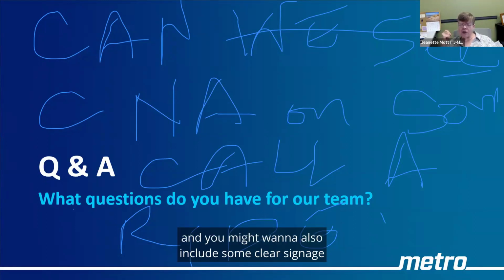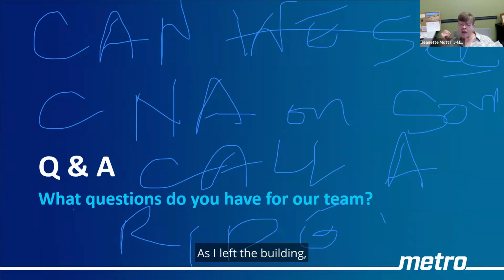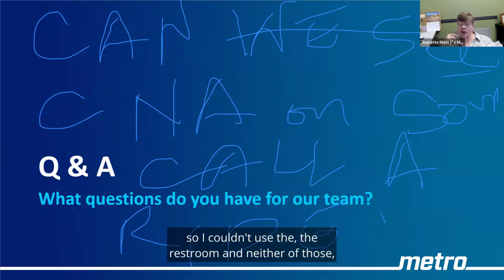And you might want to also include some clear signage about where to find the accessible restrooms. As I left the building, I stopped at 2 staff restrooms, hoping that those would be good ones because they were like individual rooms, and I knew that they would be adult sized because they were for staff. I was in an elementary school, and neither of the staff restrooms had bars, so I couldn't use the restroom in either of those.